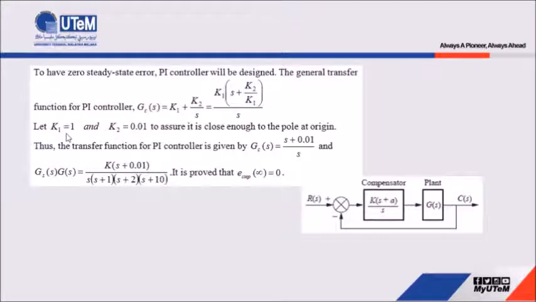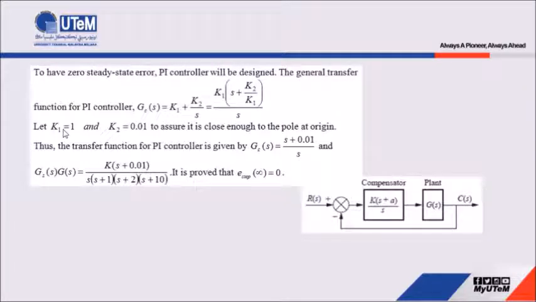Let K1 equal 1 and K2 equal 0.01 to ensure the zero is close enough to the pole at the origin. Because we want to design the PI controller, first we have to put one pole at the origin, and then we have to put a zero close to that pole at the origin.